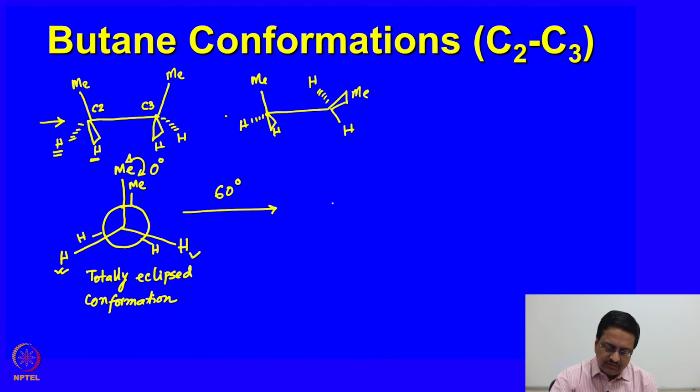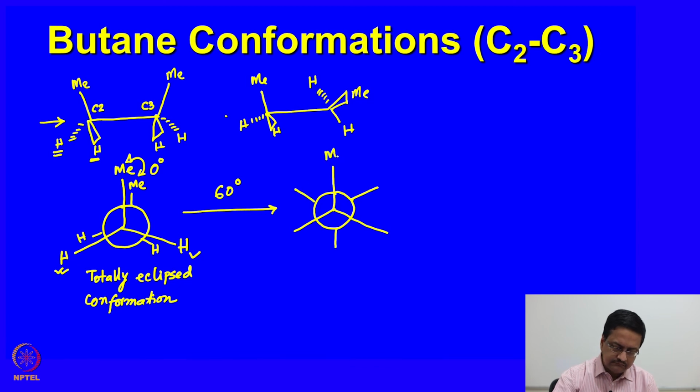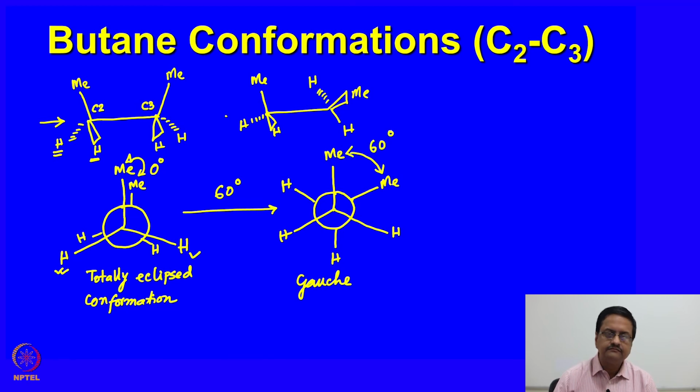And the Newman projection should look like this. This is called the gauche conformation, where this torsional angle between the two methyl groups is 60 degree.